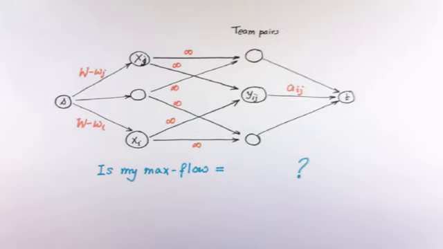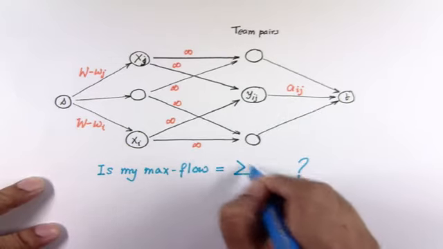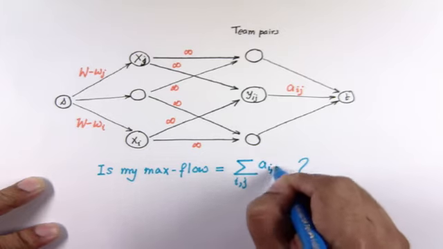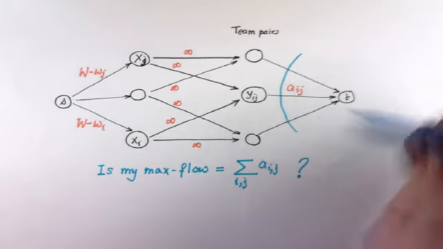Sigma of Aij. Because Aij is the remaining matches between i and j. So, if I sum Aij over i and j, that is, if I count all the remaining matches over all pairs of teams, that is sigma of Aij. That is the total number of matches remaining. The flow cannot exceed that, because this cut has size sigma of Aij.